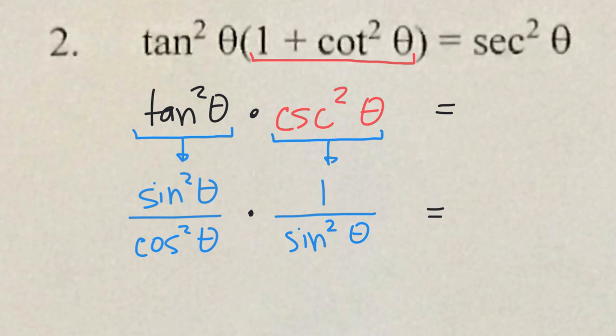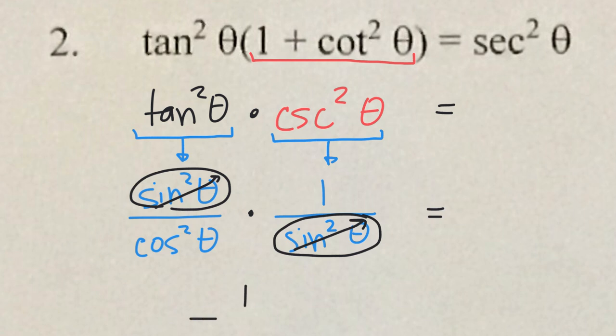Cosecant squared is 1 over sine squared. That's the reciprocal. So now when I multiply these things together, hopefully you notice there's a sine squared in the numerator divided by sine squared in the denominator. Sine squared divided by sine squared is 1, so those will divide themselves out, and my simplified answer is 1 over cosine squared.